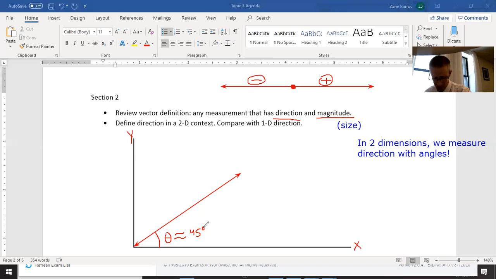Like I said at the beginning, topic 3 is a very good review of topic 2. We're just going a little bit deeper into 2-dimensional concepts. Any questions before we go into section 3 of the reading for this next week? Am I going too fast or is this good speed? It's not too fast.